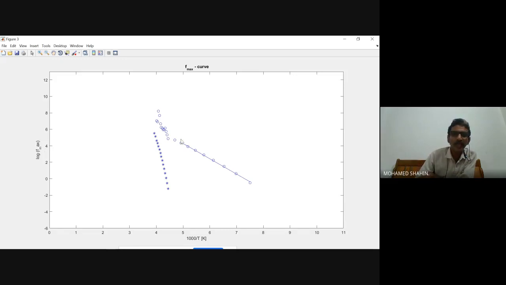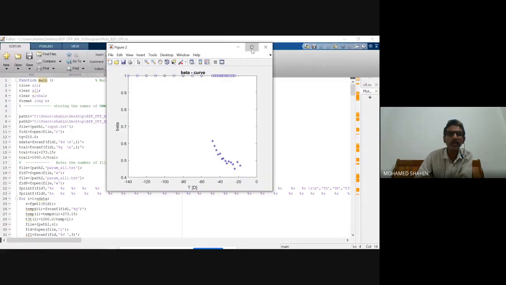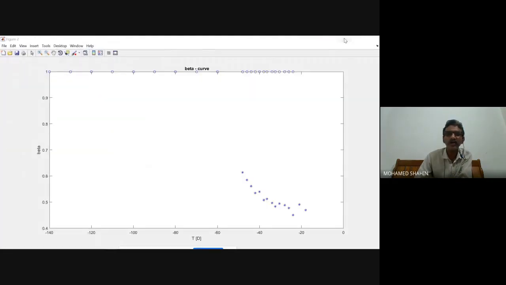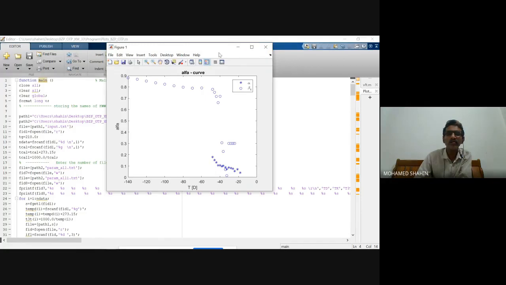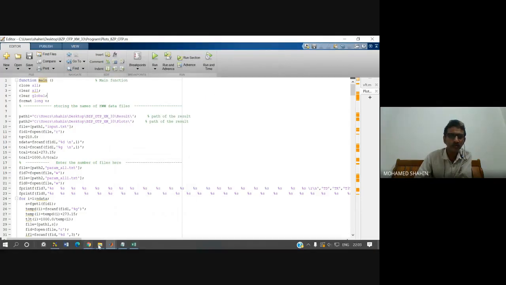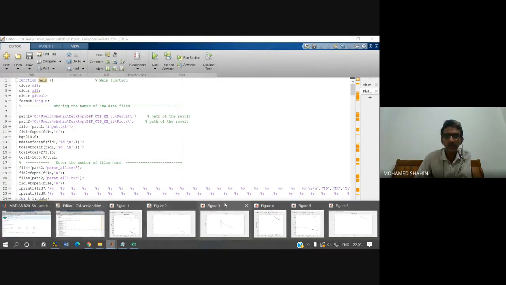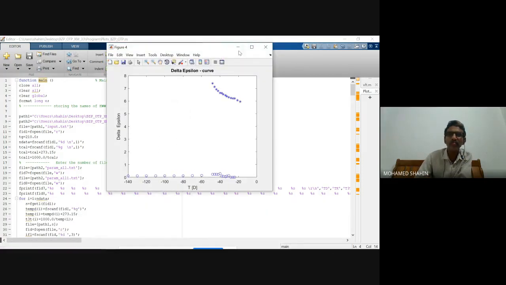In that window, we are fitting it to a straight line, and this had to be fitted to VFT. That is not being done; we have to do that separately. Now alpha, beta, now figure 2. Now let us go to figure 3, figure 4.